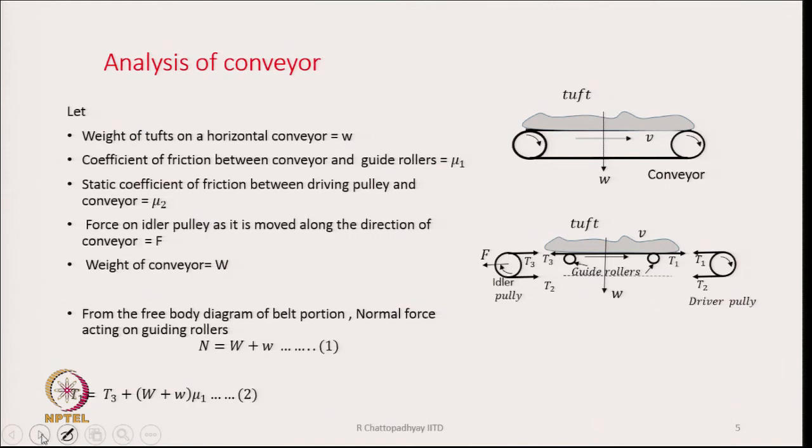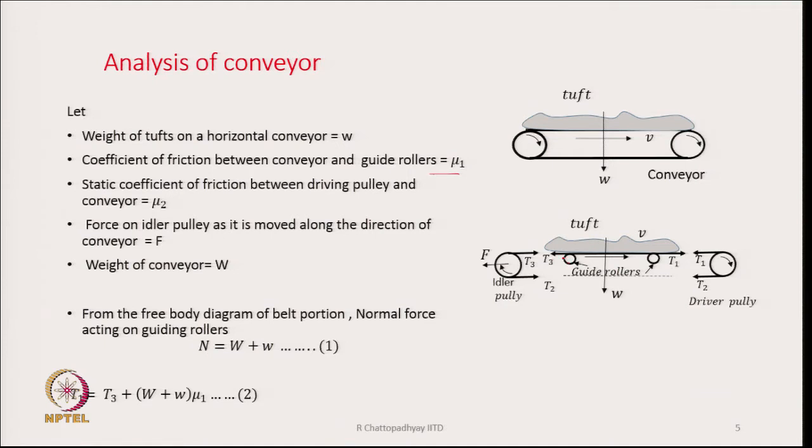Now, if we try to go for a little analysis of the conveyor, then on the right hand side you see the conveyor is shown, and at the bottom of it there is a free body diagram of the conveyor. Let us say the weight of tuft on a horizontal conveyor we are discussing now, the total weight is W. The coefficient of friction between the conveyor and the guide rollers is mu 1.